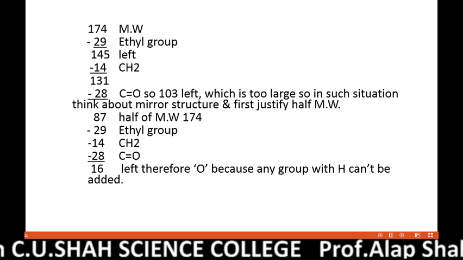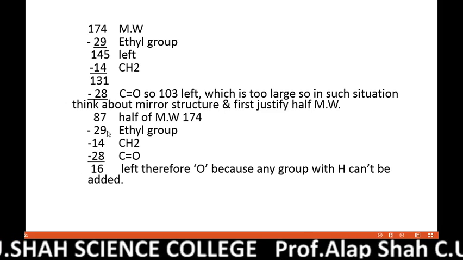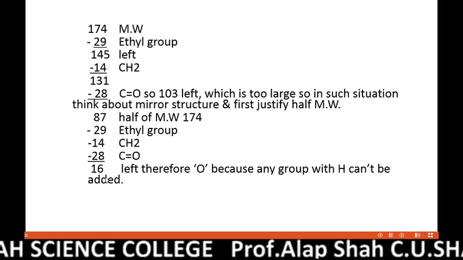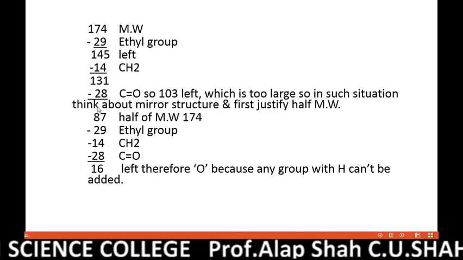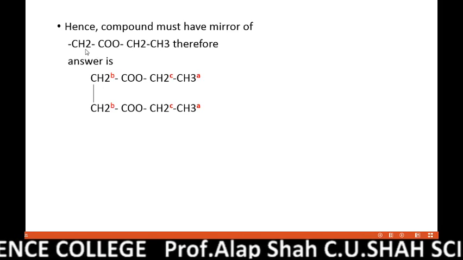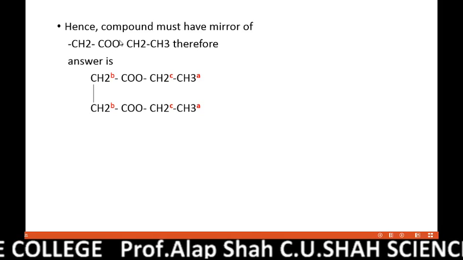So oxygen is left. Apart from these three parts, ethyl, CH2, CO, we have to add one more oxygen, then we can justify 87. So here it is: CH2, this is signal B, this CO and one more oxygen.